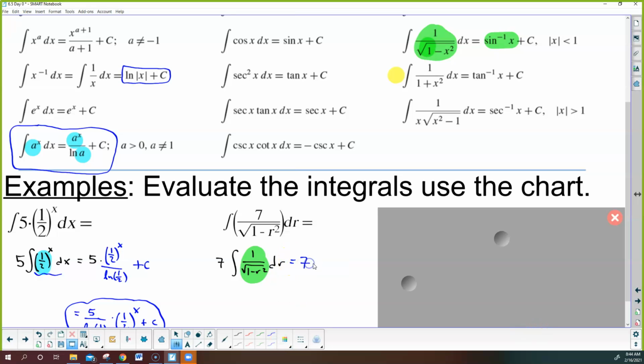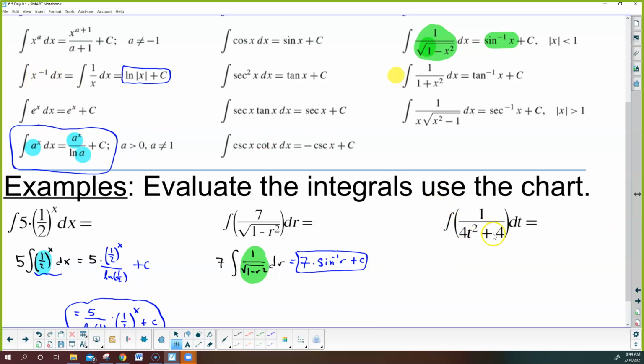Okay, so 7 would stay. And then this turns into the sine inverse of r plus c. And that's as far as we want to write this. Remember, when we have the inverse, this -1 is not the same as like this -1 that we had over here. So just be careful with that.